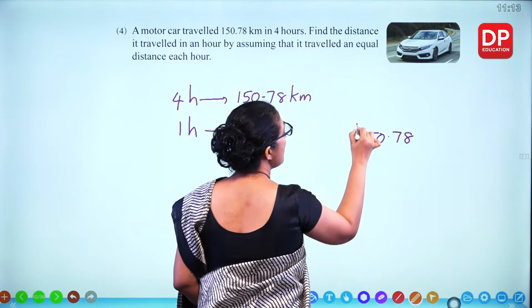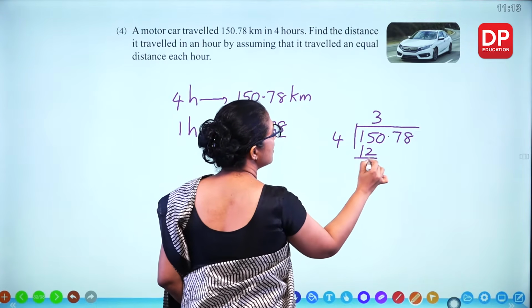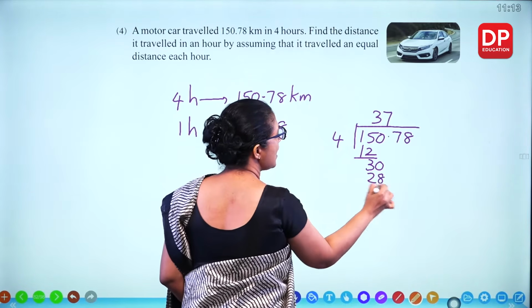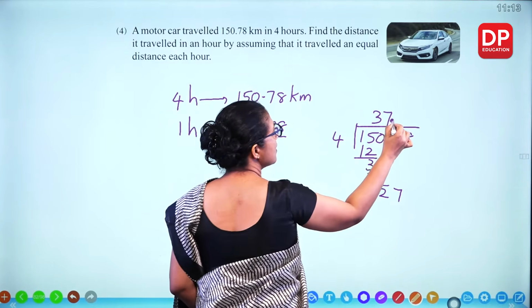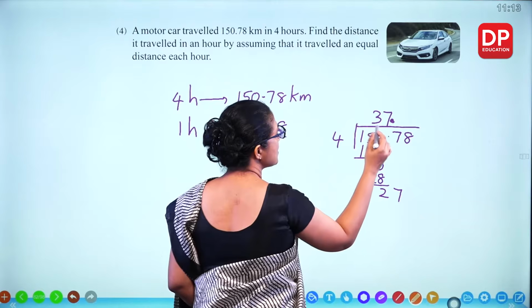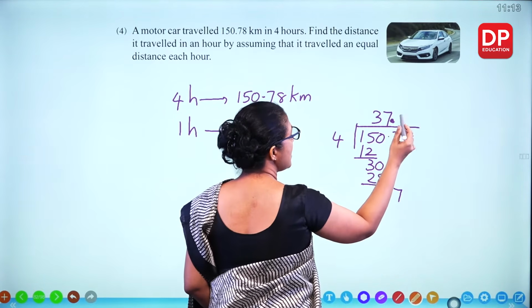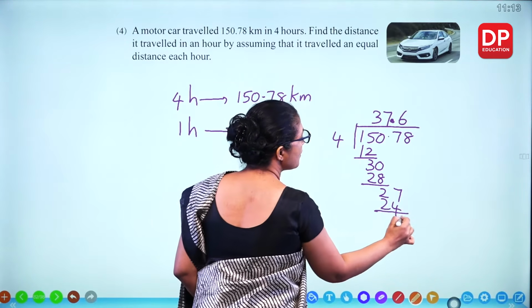150.78 divided by 4. 4 times 3, 12. 3 remaining. For 30, that's 7. 28. 2 remaining. 27. Here, keep decimal point. You need 4 times 6. 4 times 7, 28. So 6, 24. 3 remaining.